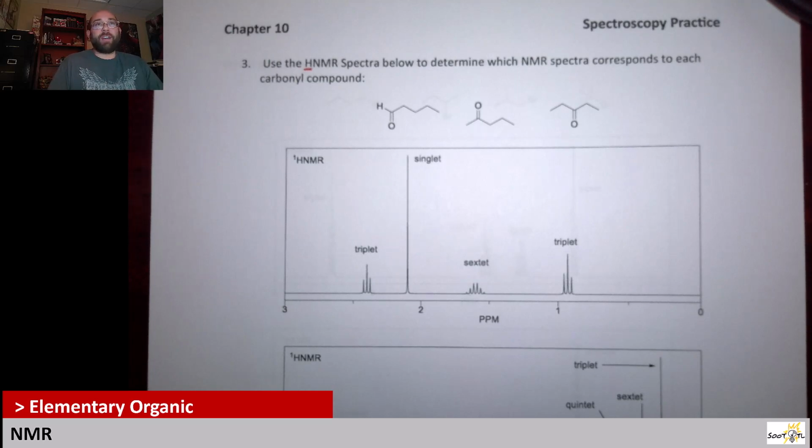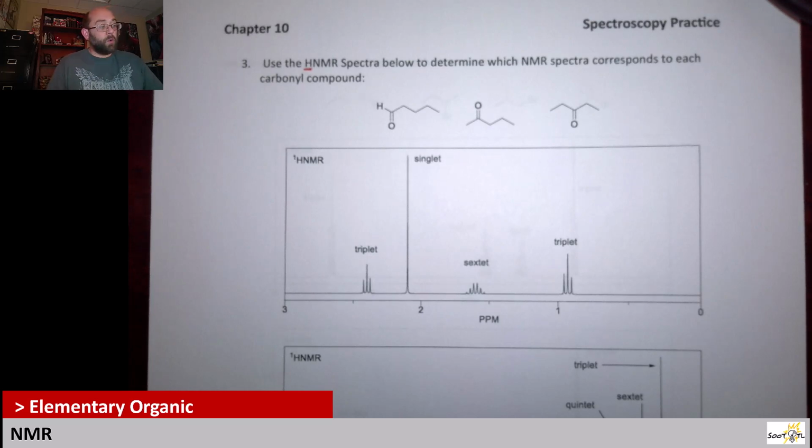Without getting too fancy in the explanations, one of the things you want to pay attention to, whether you're talking about proton NMR or carbon-13, is to look at the molecule and see if there is any symmetry whatsoever. That will give you an idea of how many signals you should see.